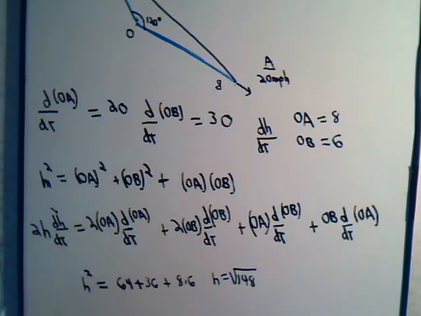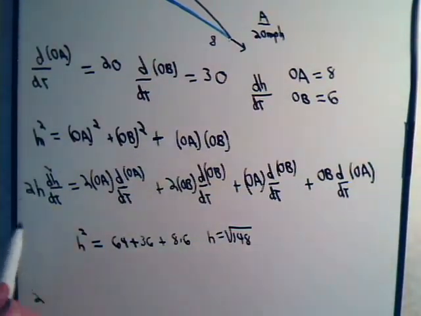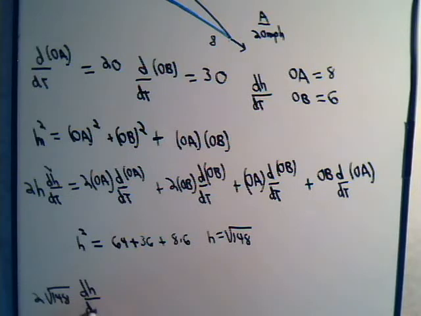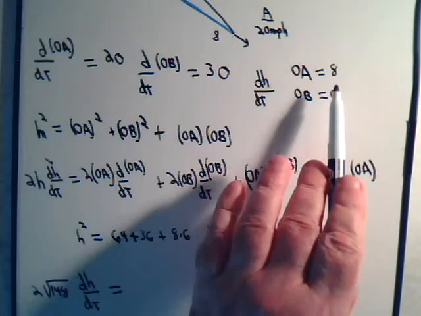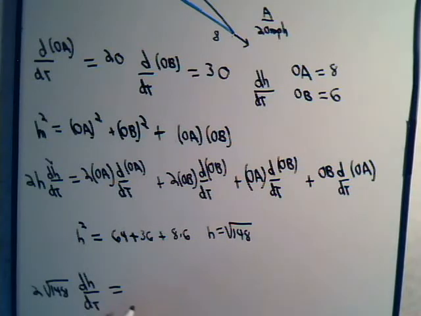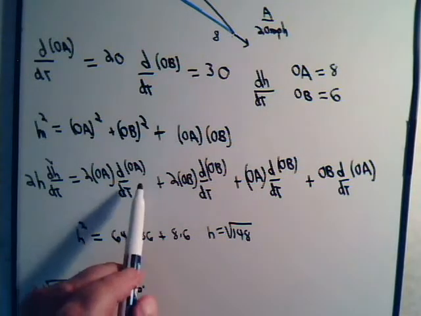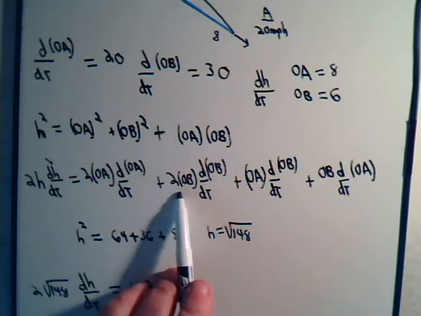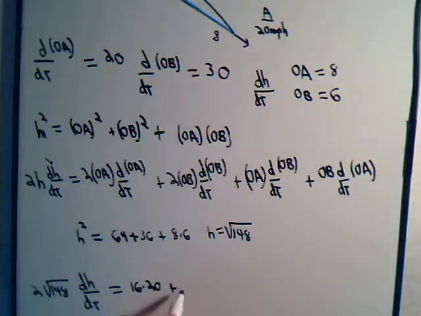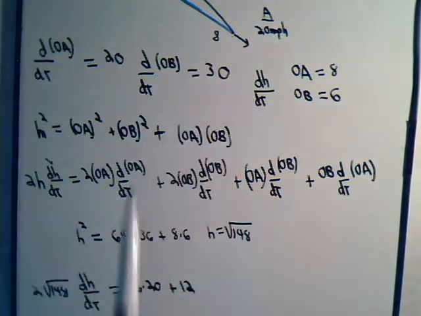So we have 2 times h, which is the square root of 148, times dh/dt, that's our one unknown that's left here, and that will be equal to 2 times OA, that's 8. 2 times 8 is 16, times 20, plus 2 times OB, that's 6, that's 12, times dOB/dt, that's 30.